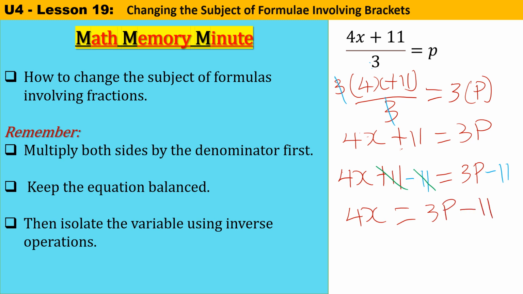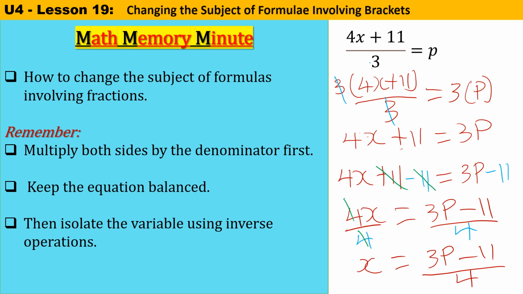We want to get x by itself, so we're going to divide both sides by 4. So we divide by 4, and these two cancelled out, so our answer is x equal 3p minus 11 over 4. And that's your answer right there.